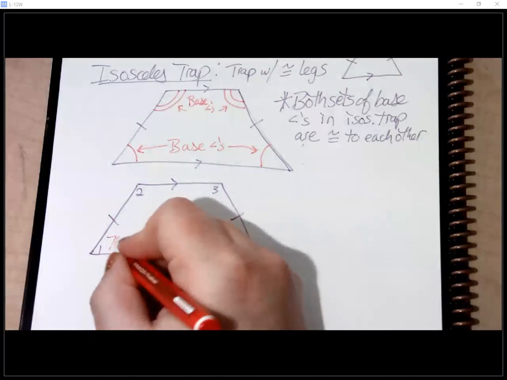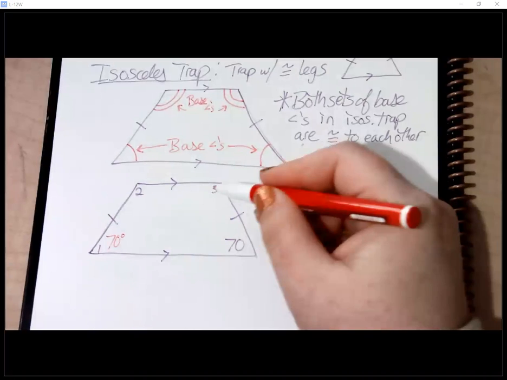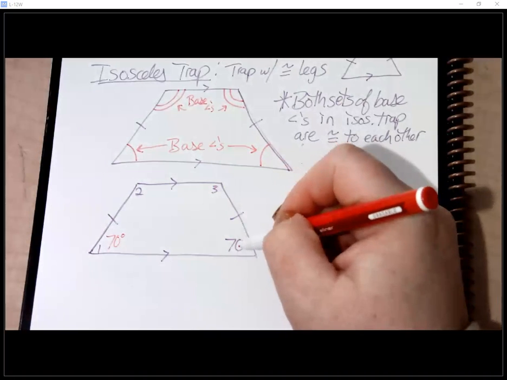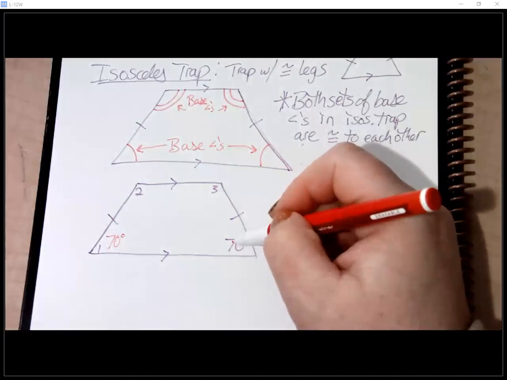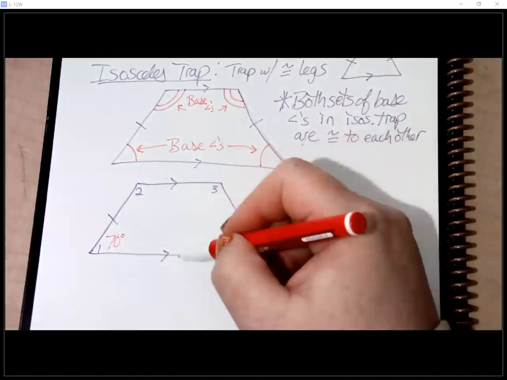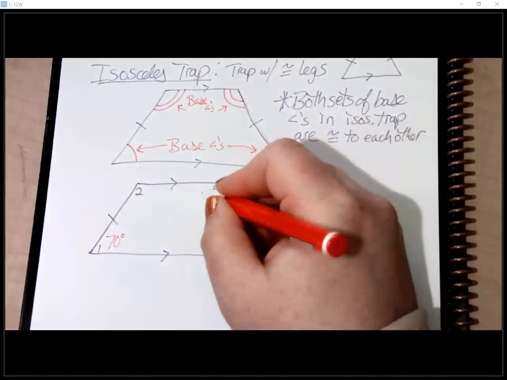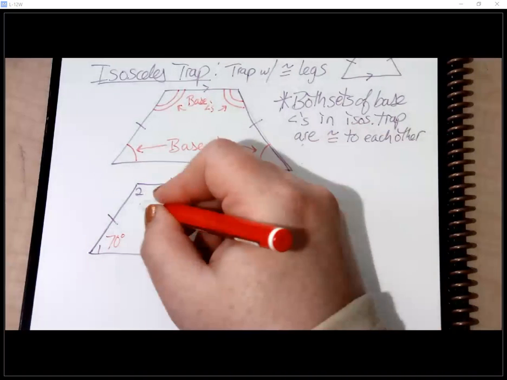But now Carson is saying, hey, these are same side interiors. They have to be supplementary, don't they? Yes, they do, because these are parallel lines, same side interior. So that's 70. What's this one? 110. And the same thing applies over here. That one's also got to be 110.